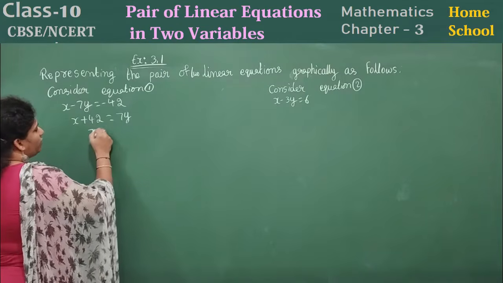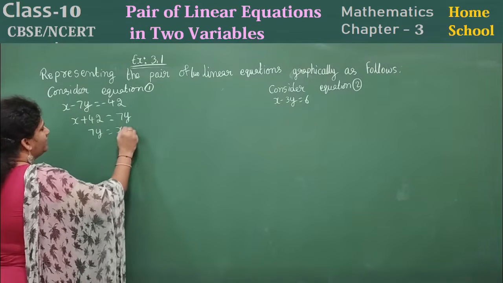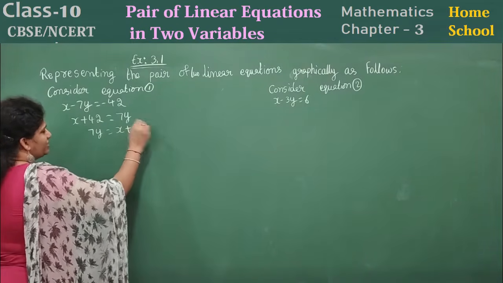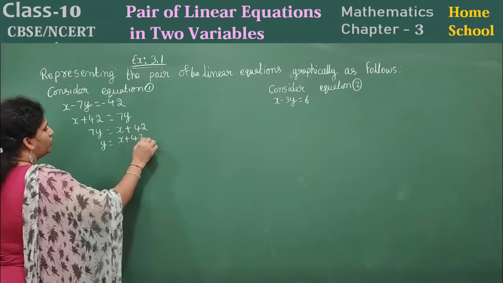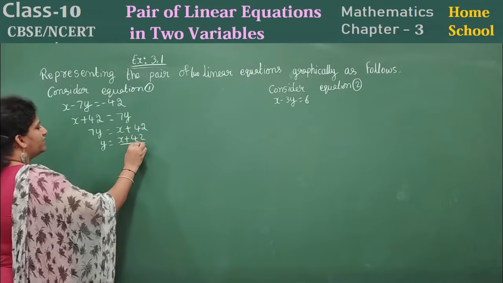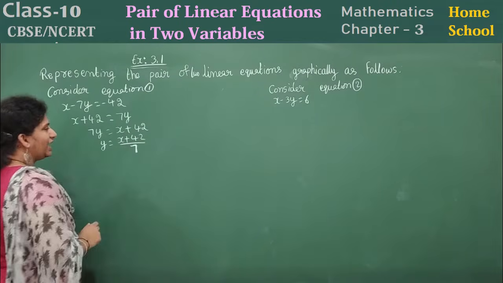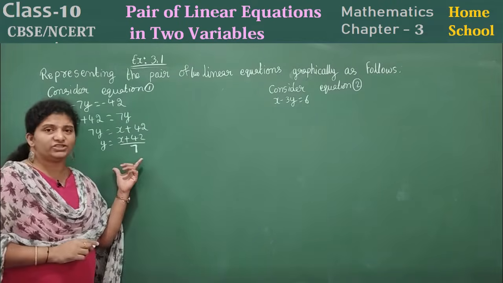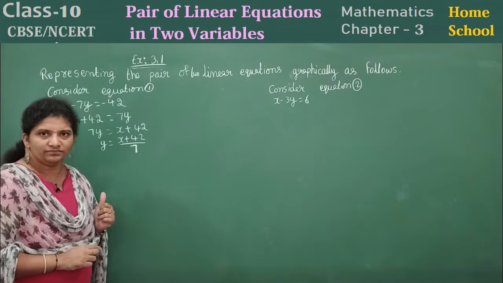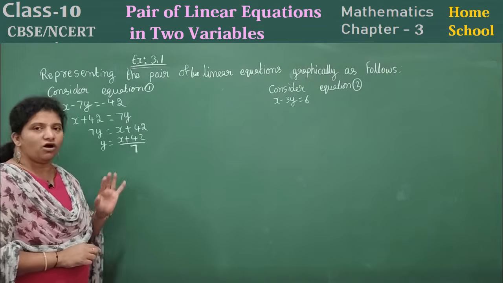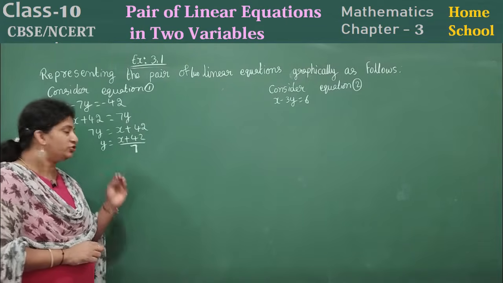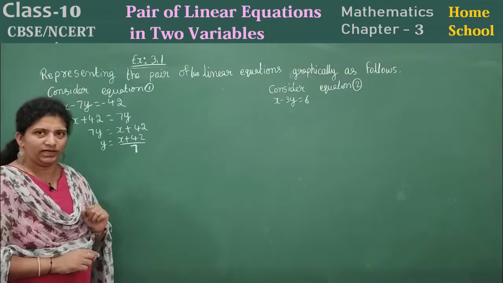No sign will be changed. y is equal to x plus 42 by 7. See here, children, when you are doing a graph, your equation should be in y format. Don't write x equal to. Always your graphical equation should be in the form of y equal to.